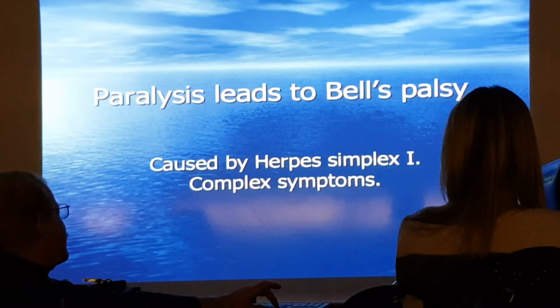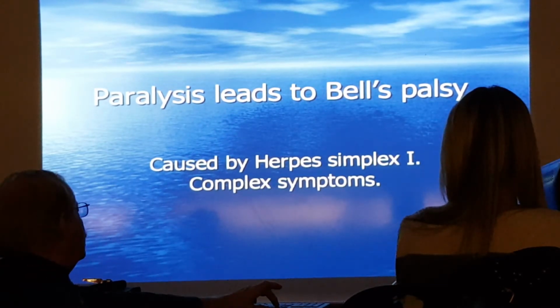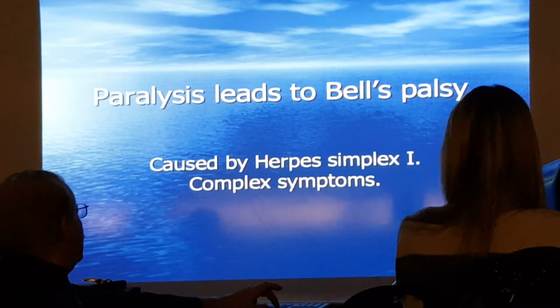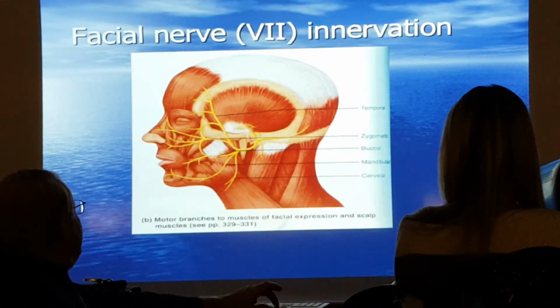Boy, rabies virus is a very diabolical one. I've known a couple people who have done research on it, and they were scared to death all the time. Okay, so the facial nerve branches: temporal, zygomatic, buccal, mandibular, cervical.